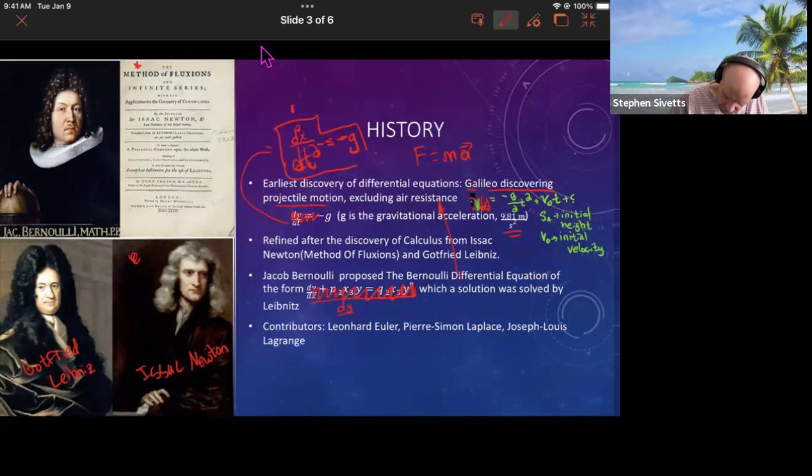So it's dy/dx plus p of x times y equals q of x times y to the n. So we're differentiating y, and p and q are functions of x. This here is what's called a Bernoulli differential equation.